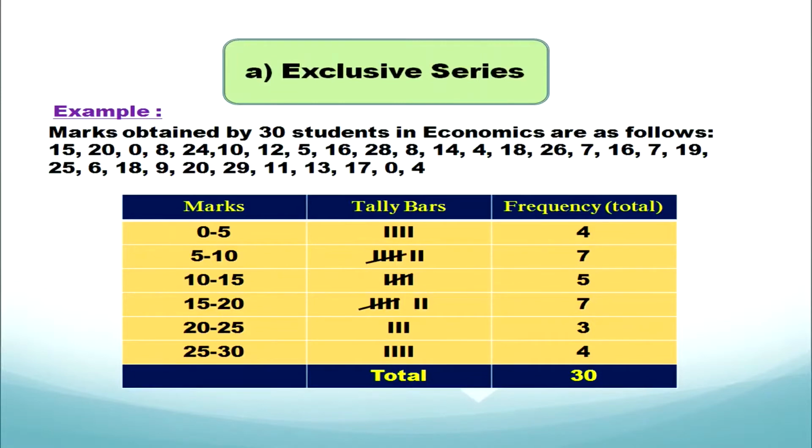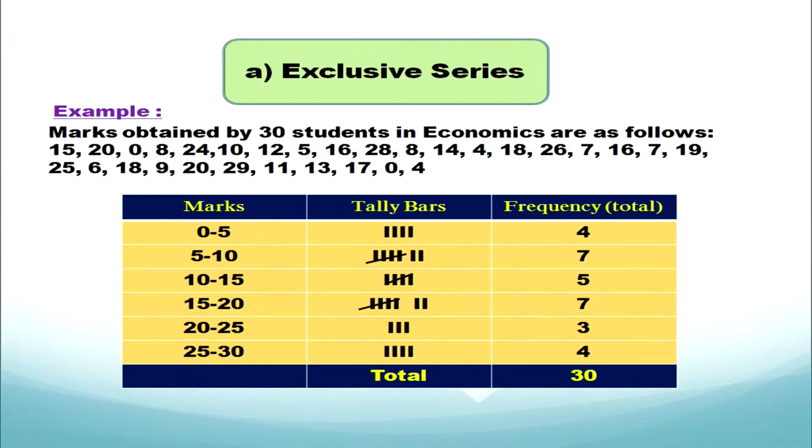We can see the number of variables starts from 0 and ends at 29. So, that is why we have taken from 0 to 5, 5 to 10, 10 to 15, 15 to 20, 20 to 25 and 25 to 30.